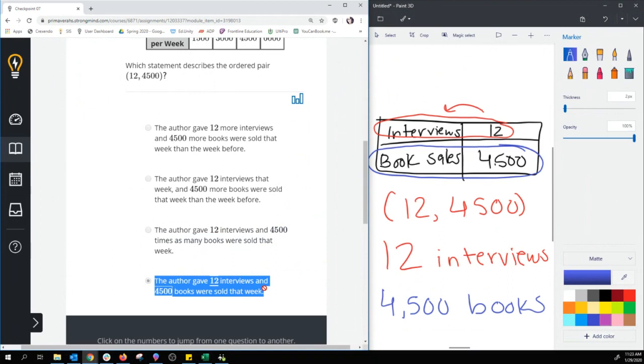This is the one that we want to pick. So it's the most literal from the table, right? She gave 12 interviews and sold 4,500 books. That's what our table's telling us. All right. Questions, or are we good to move on?